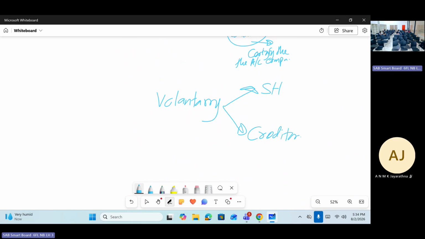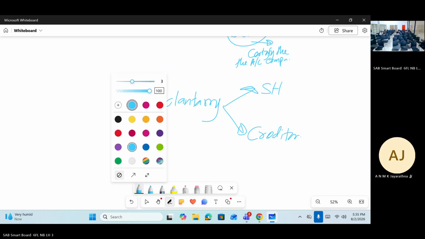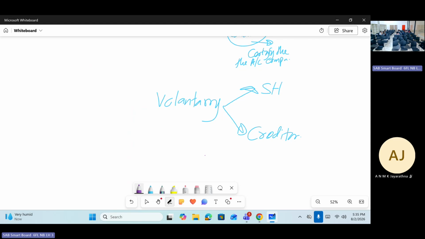It depends on a particular document. This document is named as the Declaration of Solvency. Very important one, the Declaration of Solvency.